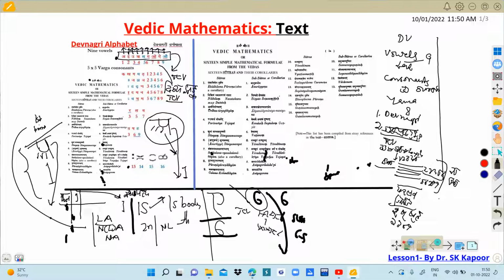Therefore, let us be very clear that the ancient wisdom has its own axioms, own postulates, own processing steps, which are certainly very different from the present day.